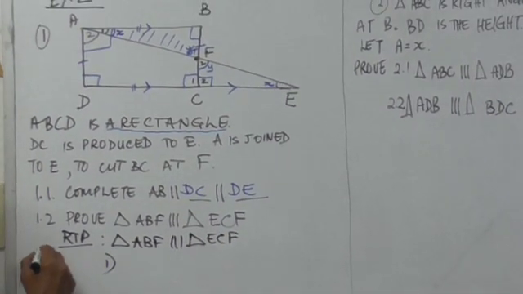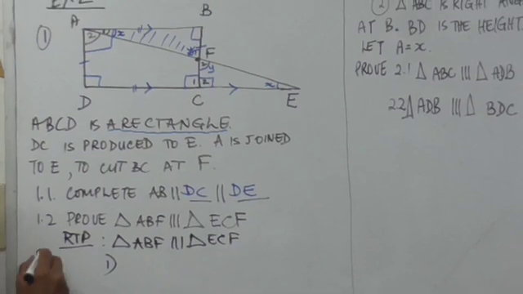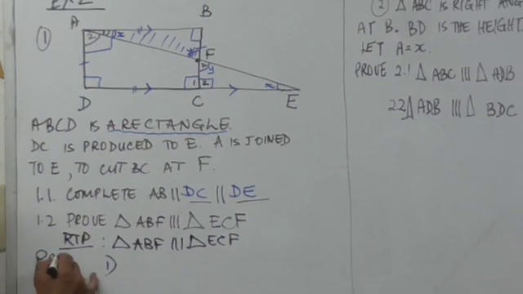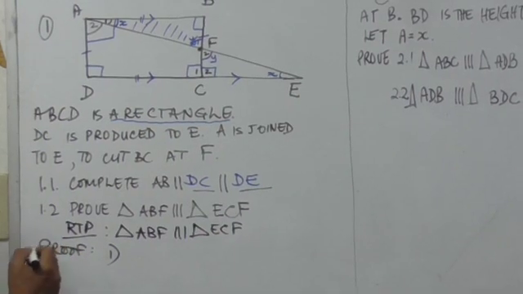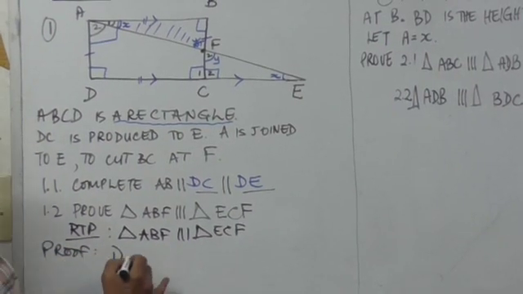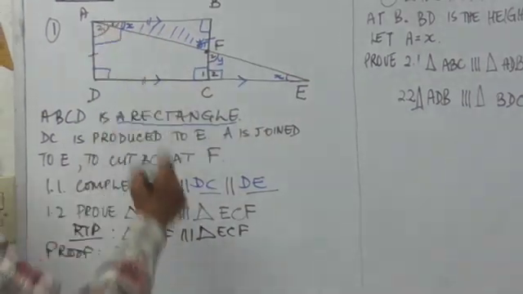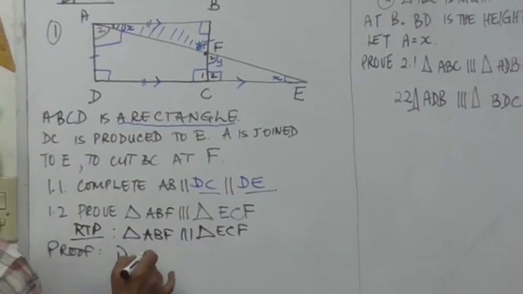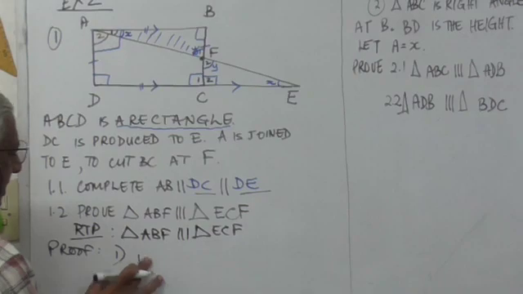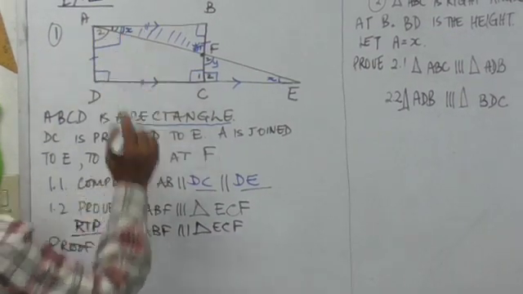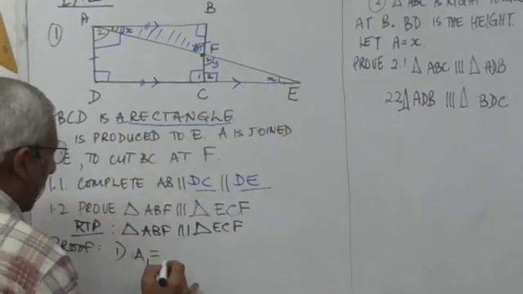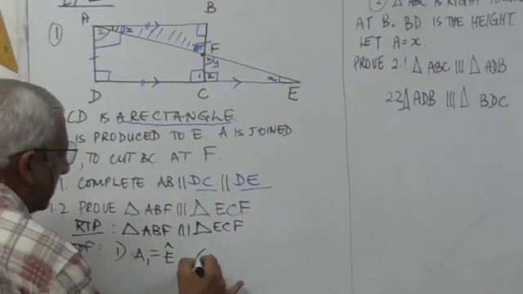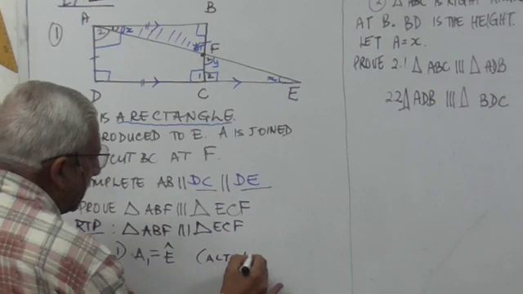Proof. 1. Angle E is equal to angle A1. I'm starting from here and looking there. Since I wrote ABF first, I will look from this side. Angle A1 is equal to angle E. Reason? They are alternate angles.